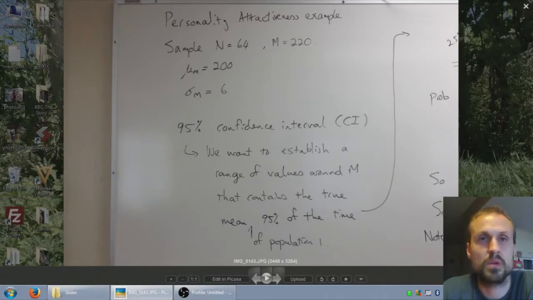So let's focus on the personality attractiveness example once again, where I had a sample of 64 people, and that gave me a sample mean of 220.